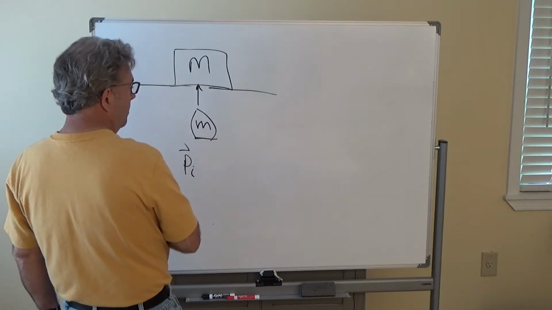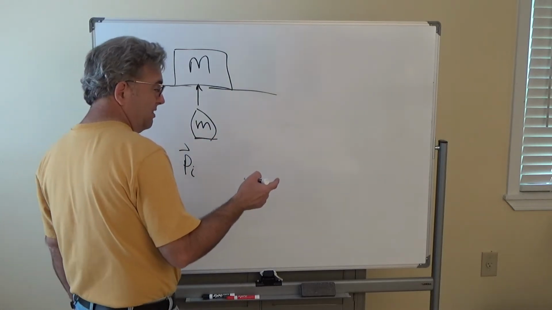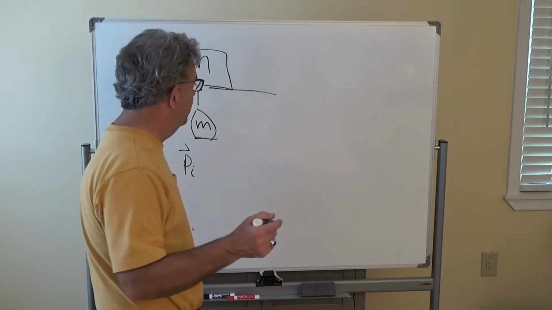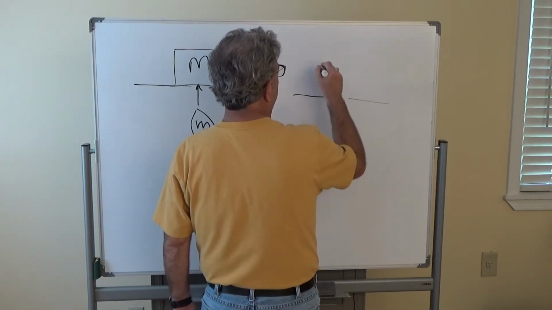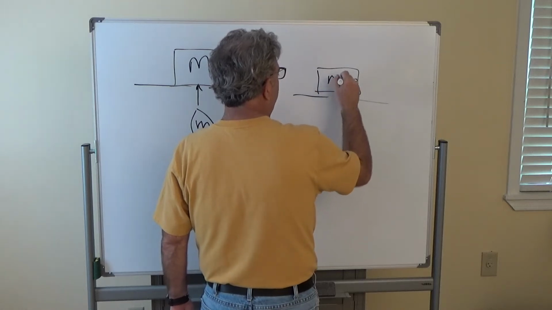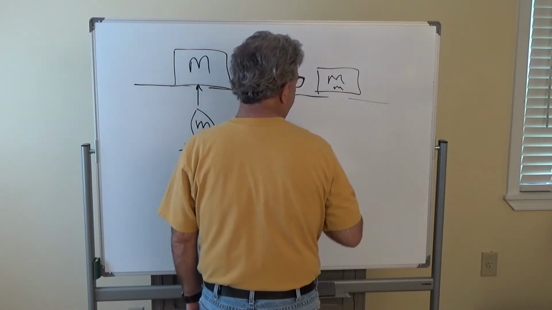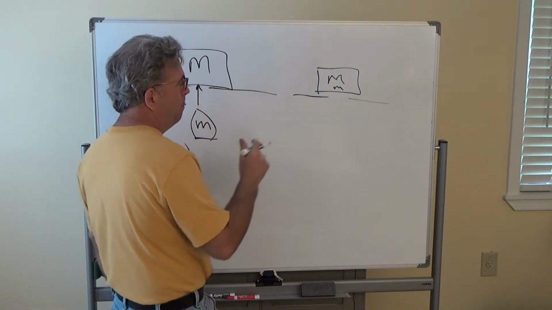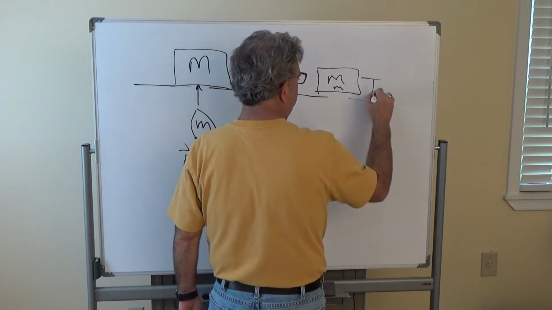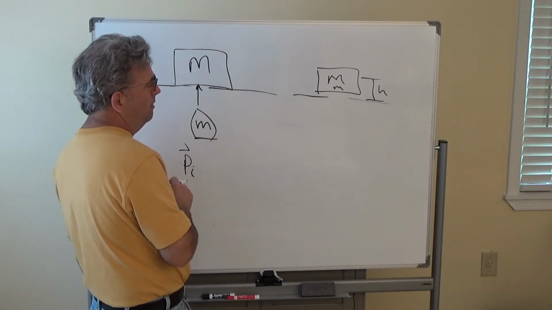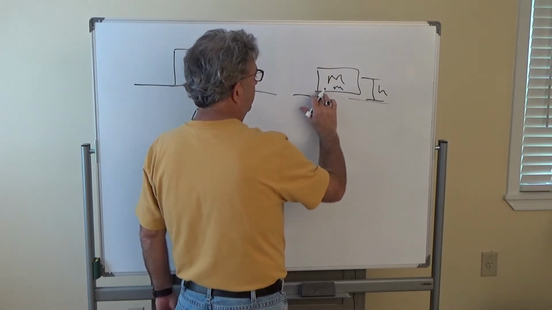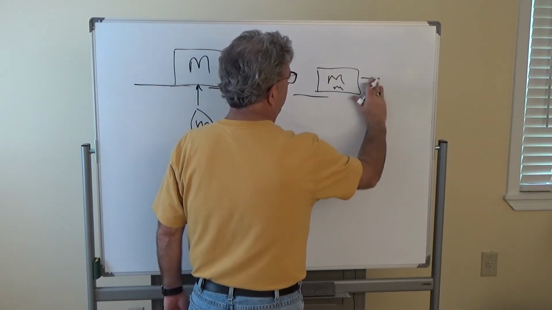Alright? That's, since it's an inelastic collision, after the collision, you've got big M and little m is embedded in big M. And it's risen up to some height h. Okay, I drew it goofy, but let me draw it better.